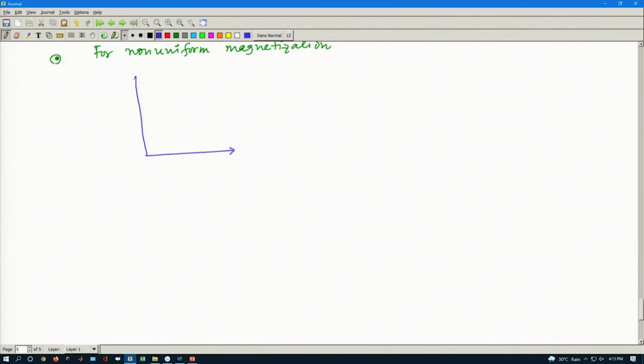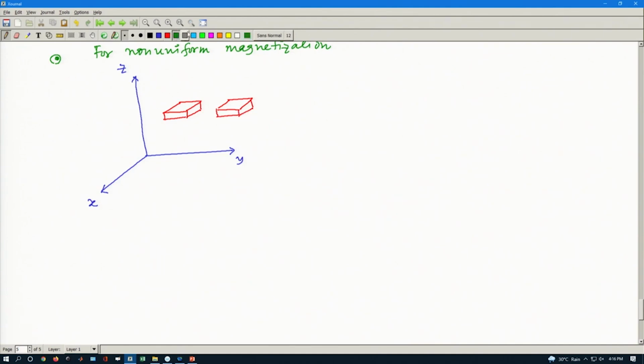So, let us have a coordinate system then. This is a coordinate system, say x, y and z, and we have a magnetic material here, a chunk of this magnetic material, let me draw it. This, and then again we have this, and so on side by side.